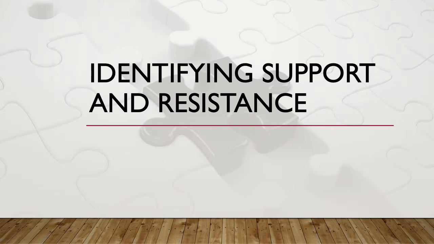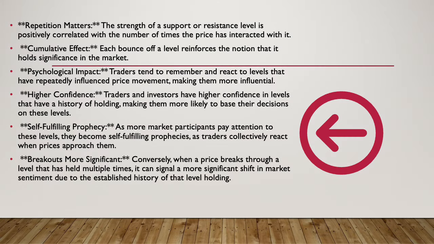Identifying support and resistance. Repetition matters: the strength of a support or resistance level is positively correlated with the number of times the price has interacted with it. Cumulative effort: each bounce off the price level reinforces the notion that it holds significance in the market.